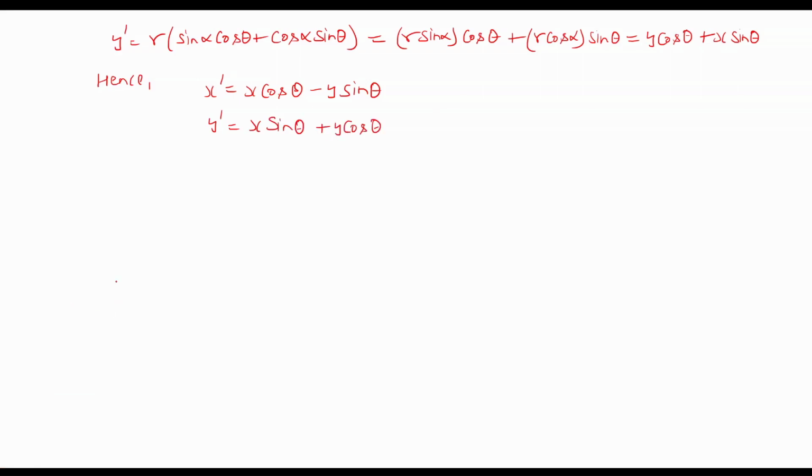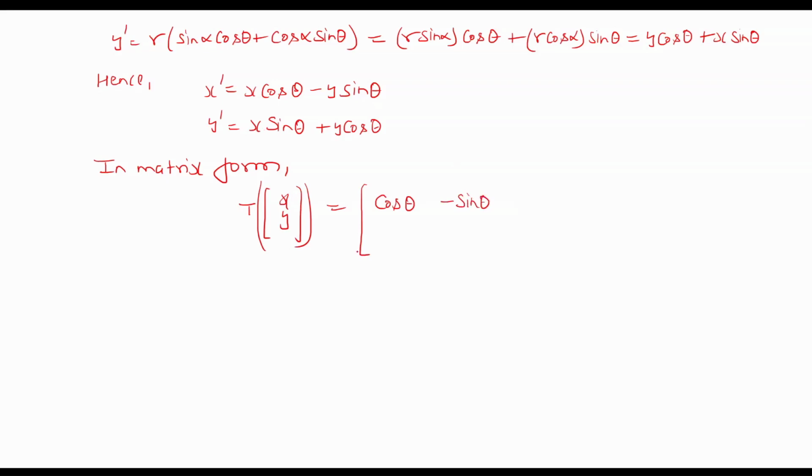Okay, so now in matrix form, this rotation transformation is given as: the standard matrix, where the coefficient of x is cos theta and the coefficient of y is minus sin theta in the first component, and in the second component, y dash, the coefficient of x is sin theta and the coefficient of y is cos theta, into x y.